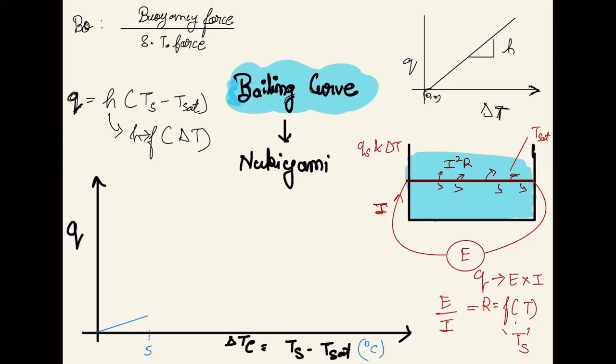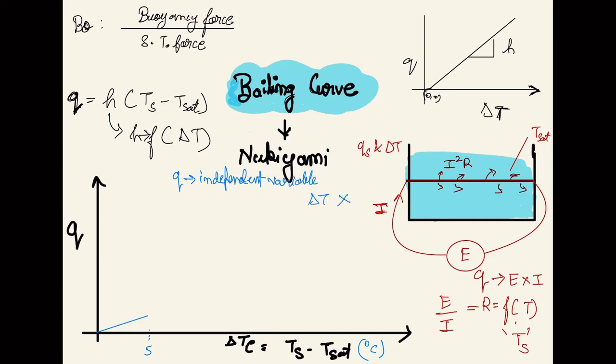Then after subsequently heating it, he was still providing work. Now understand here, in this particular experiment of Nukiyama, Q is the independent variable.